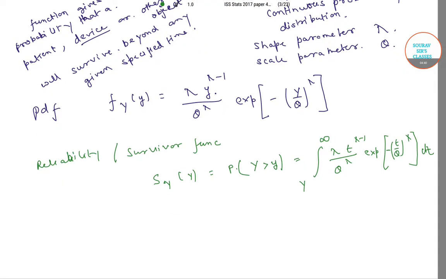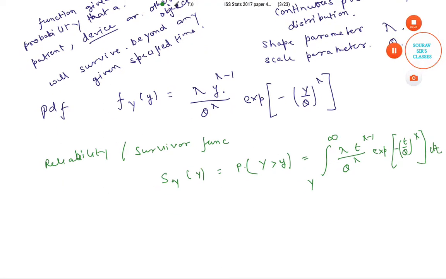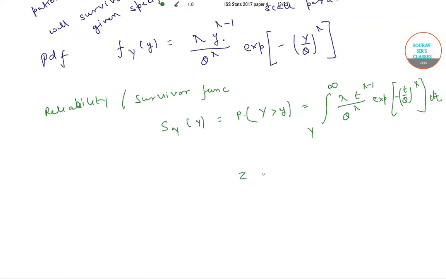Now let us define a variable z, which is equal to (t by theta) raised to the power lambda. Then dz would be equal to lambda into (t by theta) raised to the power lambda minus 1 into 1 by theta into dt.